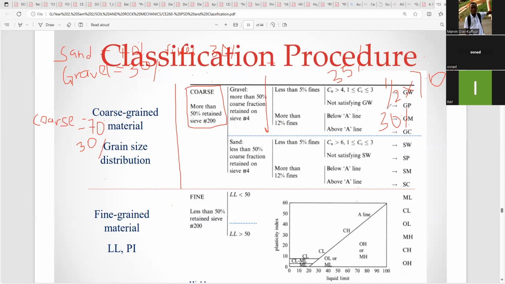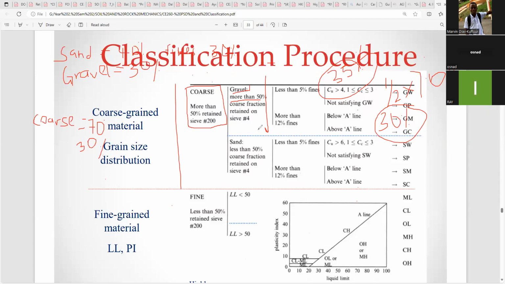It is gravel if you have more than half of the coarse fraction retained on sieve number 4. Half of the coarse fraction is 35, and the fraction retained on sieve number 4 is 30. If this 30 had been greater than half of the coarse fraction, then we would have gone for gravel.